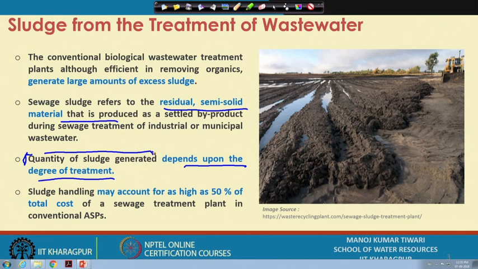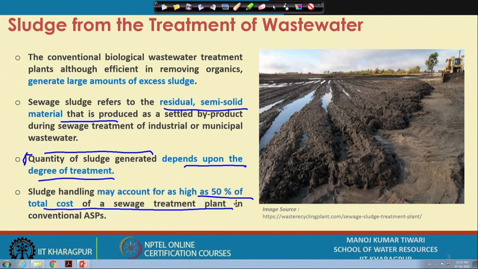The handling of this sludge may account for as high as 50% of the total cost of a sewage treatment facility. That is a huge cost, particularly in conventional activated sludge processes, where it can be around 50% of the total treatment cost. That becomes a huge chunk of the money needed for managing this sludge, and if you go for a traditional dewatering or drying system, a large portion of this goes to transportation and land cost as well.